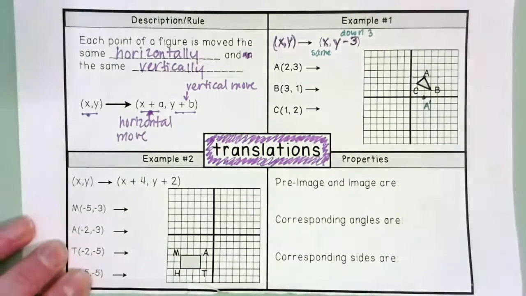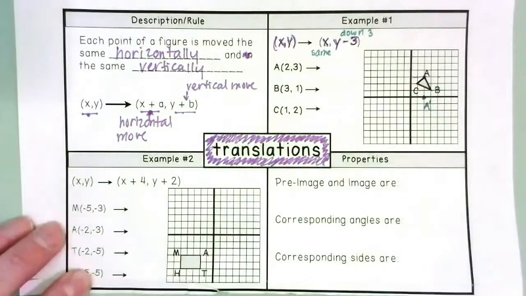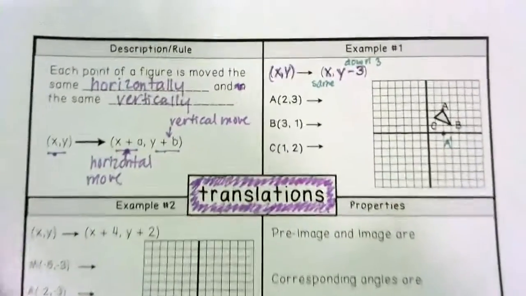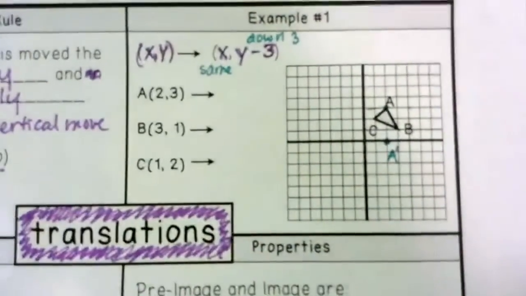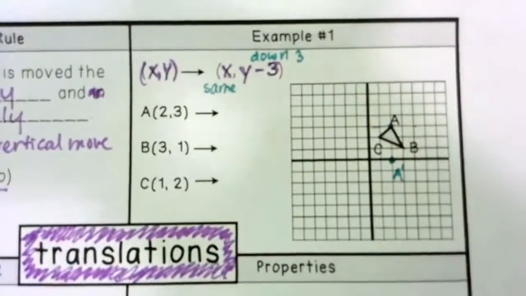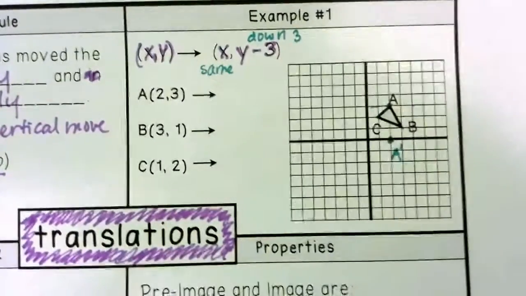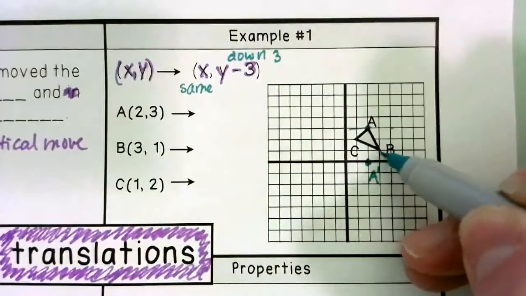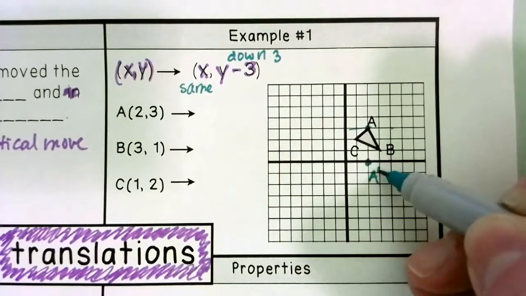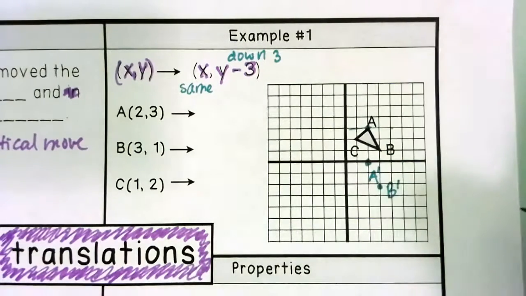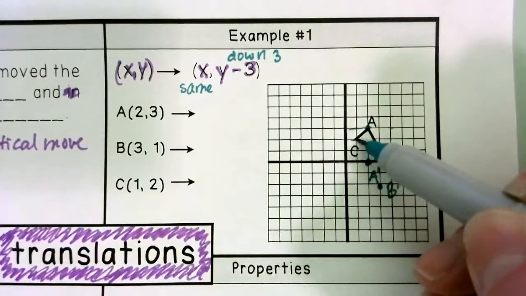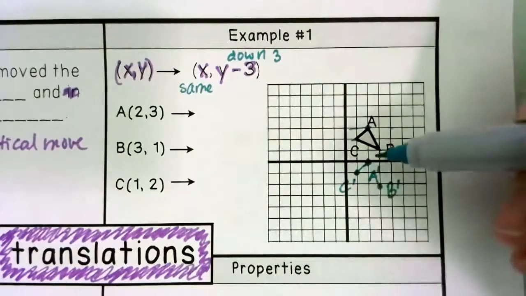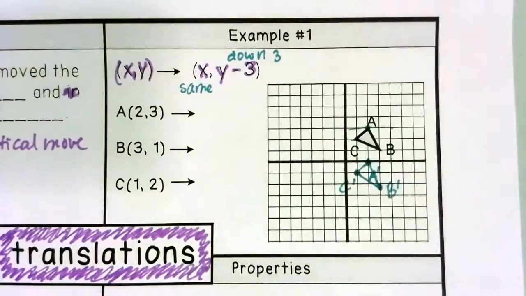That's A prime, that's my new A. For B, we don't move left and right, but we go down 3. 1, 2, 3. Remember, it's important to label everything. C doesn't move left and right, but it goes down 3. 1, 2, 3. And there's my new shape.